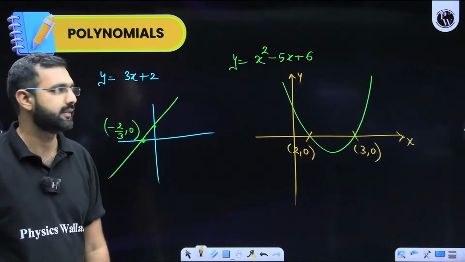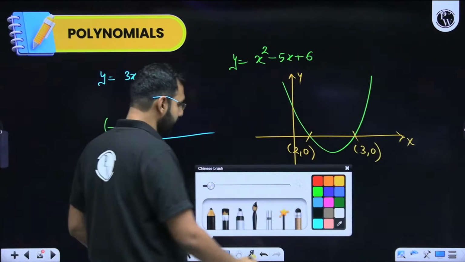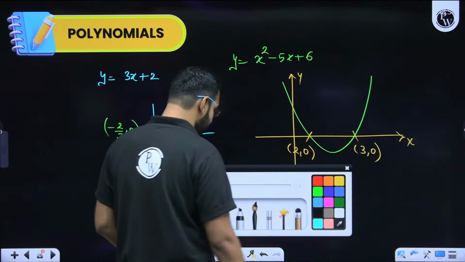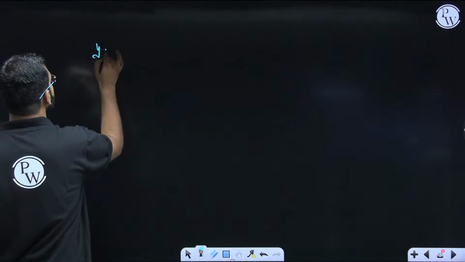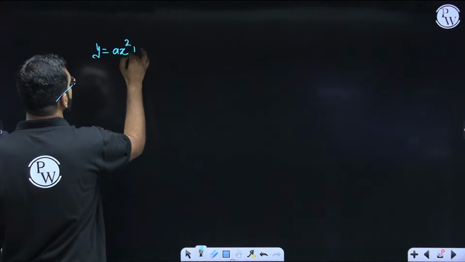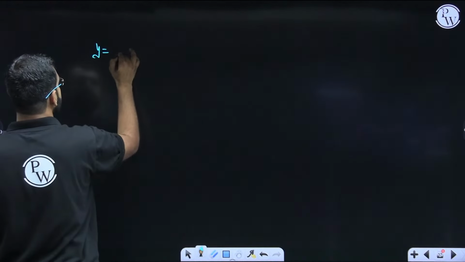All the participants. Now here we know one thing very clearly, that if this quadratic gives me a polynomial where it is a parabola, graphically, you will say that, sir, for cubic also we may get something. So let's say there is a cubic, ax cube plus bx square plus cx plus d.